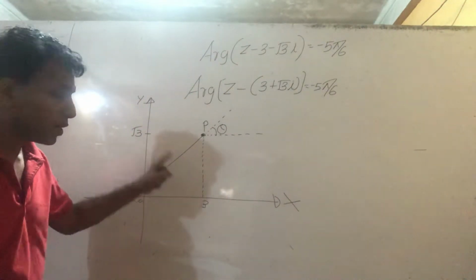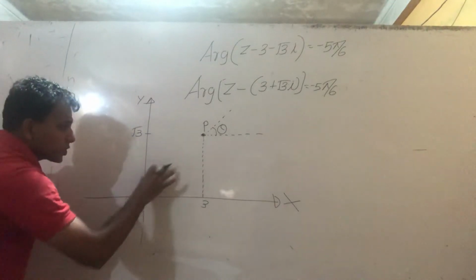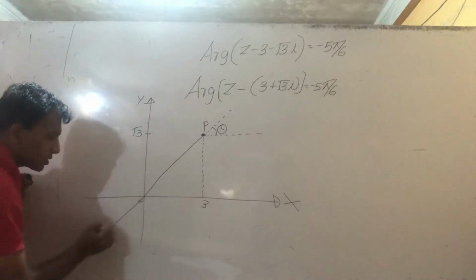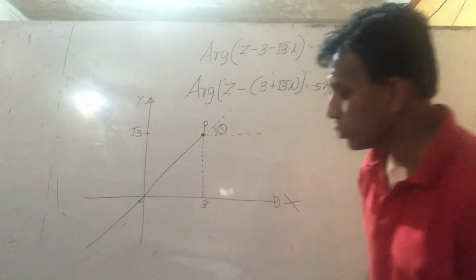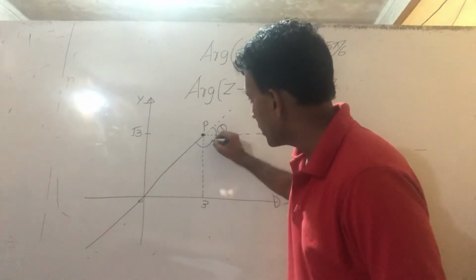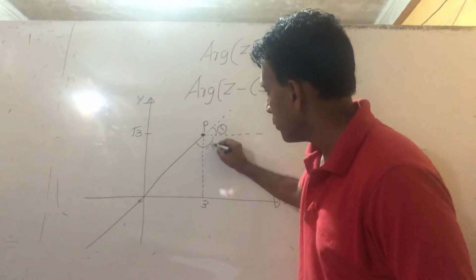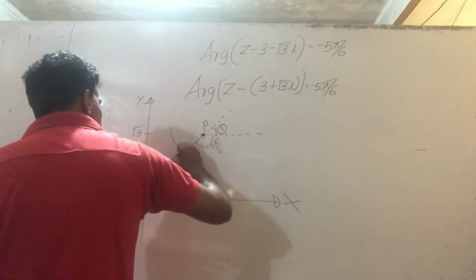That also becomes 1 over root 3. Now this straight line passes through the origin. Check that. Here this is 150, which we called minus 5 pi by 6. Therefore, this is the part, right?